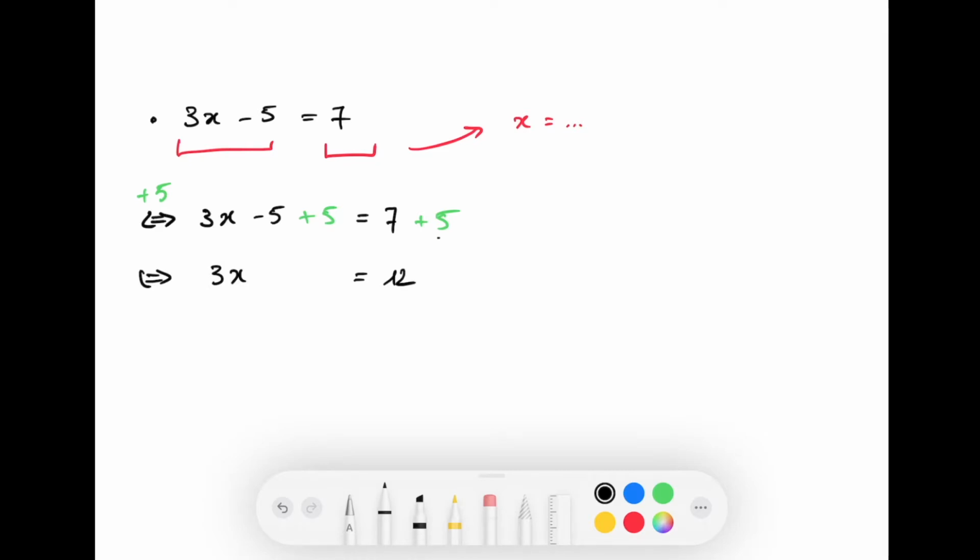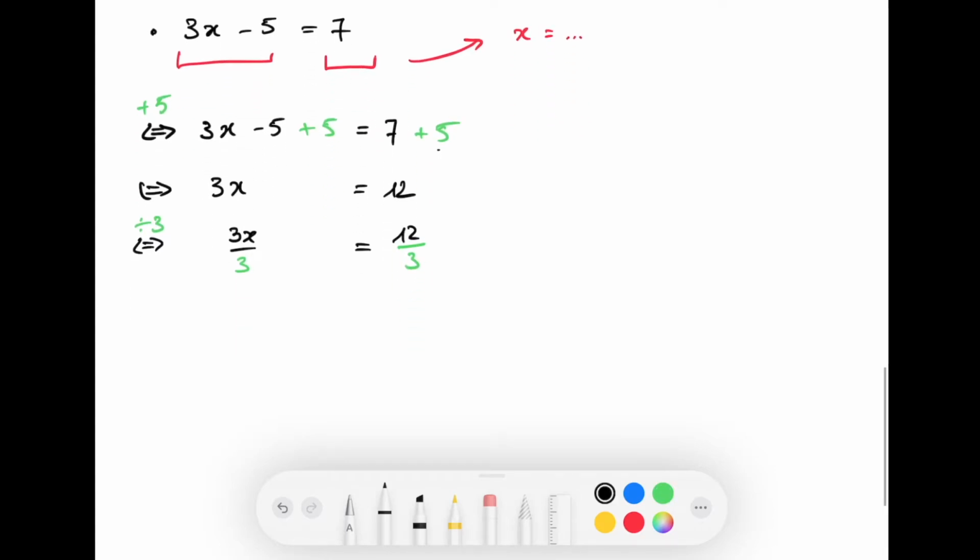So now again, we have to get rid of this 3 in front of the x. This can again be done by dividing both sides by the number in front of x, 3 in this case. So we get 3x divided by 3 is equal to 12 divided by 3.